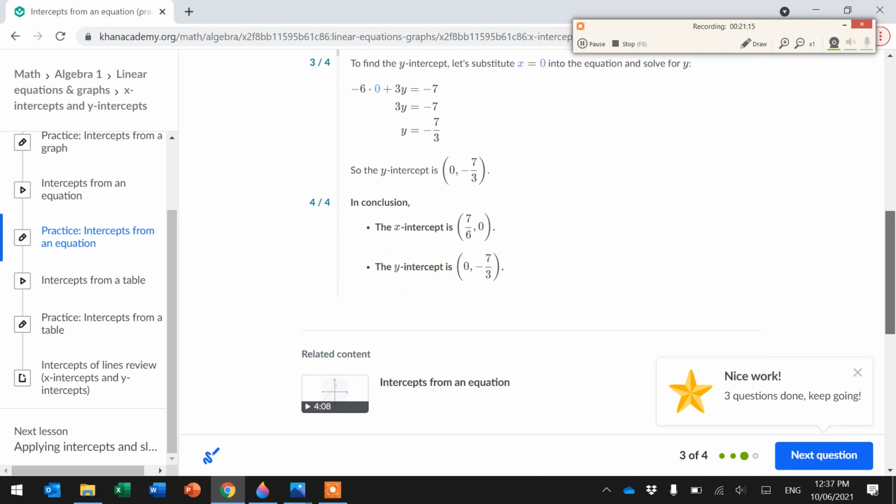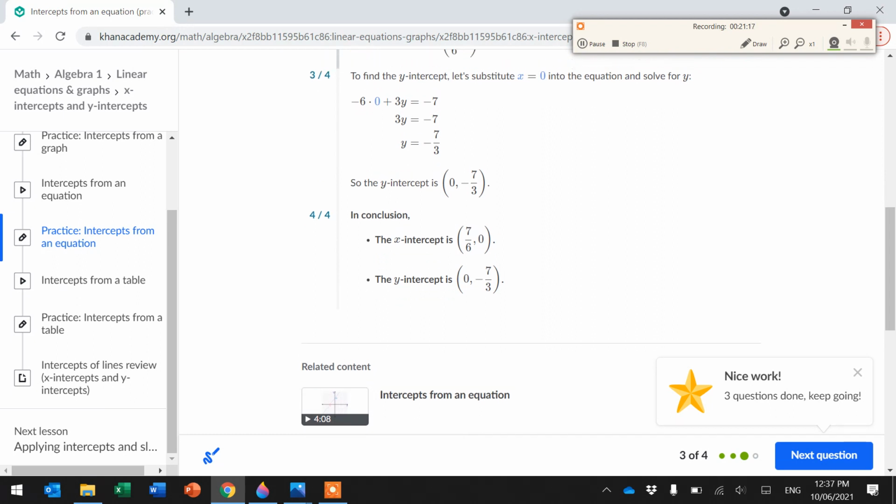When we go the other way around, so we made that x 0, minus 6 times 0 would make it disappear. We therefore just have the 3y equals minus 7. So that's 3 times y. We've got to do the opposite, like I kept saying all video. So both sides divided by 3, and then you get minus 7 on 3.